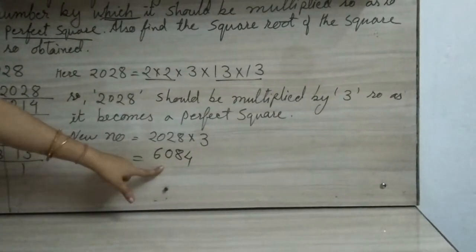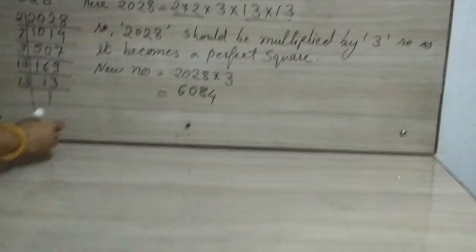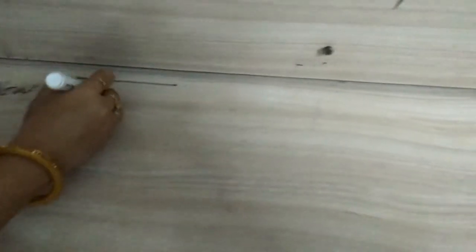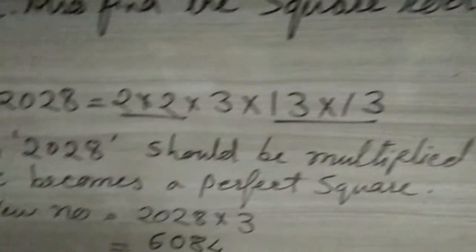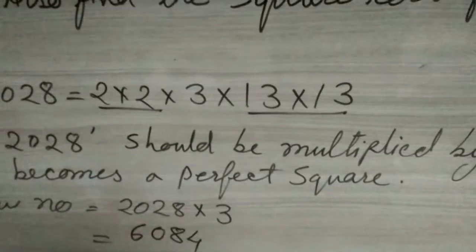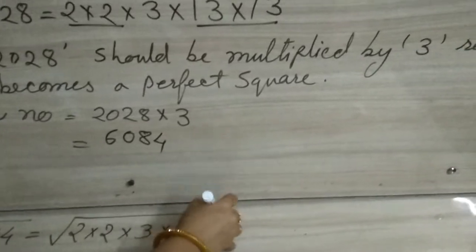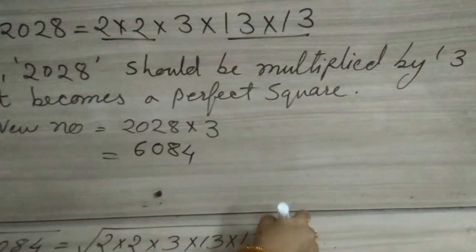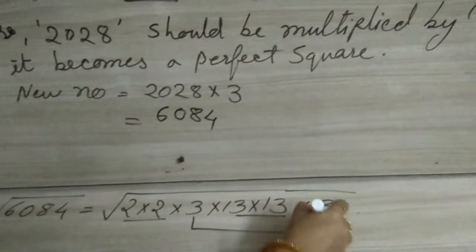Whatever new number we have received इसका भी हमें square root पता लगाना है. So we will write here, now square root of 6084 is equals to, again if you want you can do prime factorization of 6084, but we will use the logic. ये theme line ली है, इसमें 2028 का prime factorization we will get it from here. 2 into 2 into 3 into 13 into 13 और यहाँ पे हमने 3 मल्टीप्लाई किया था तो we have written 13. अब देखो ग्रुप बनाया and this 3 and this 3 will make group.